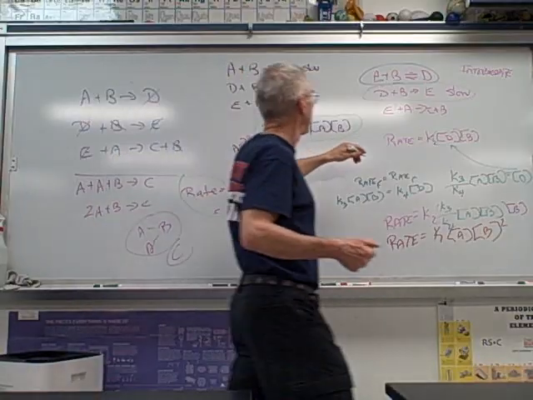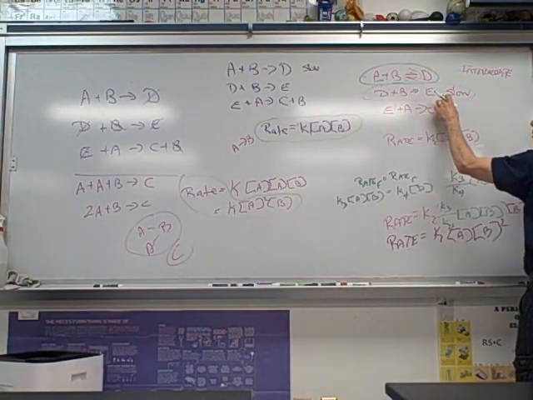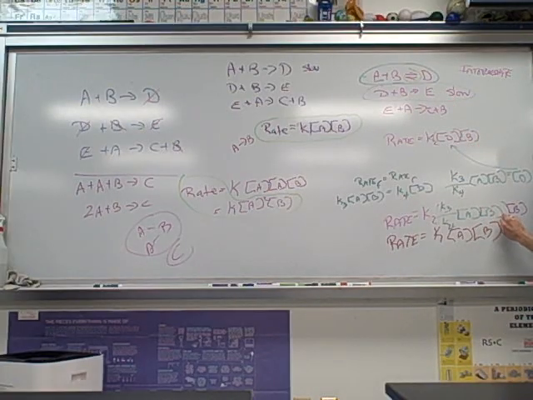If the first step were fast and it goes into equilibrium and the second step is slow, then the overall rate law would again be different: concentration A, concentration B, the quantity squared. So if this is the reaction, any of those three possibilities could occur. Now, how do we know which one it is?